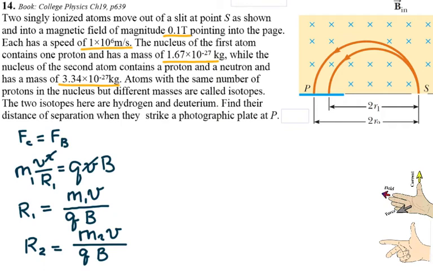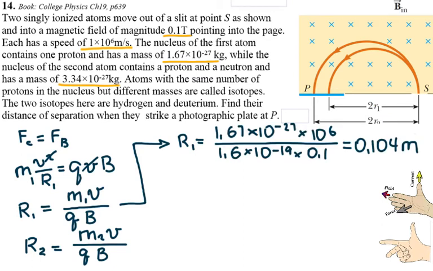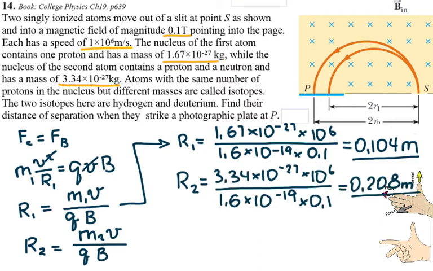So to find R1, I'm going to plug in the numbers, and for R2 I'll do the same thing. I will plug in their numbers, the mass, velocity, charge, and the magnetic field. So I get twice as big a number because the mass is the only difference that they have.